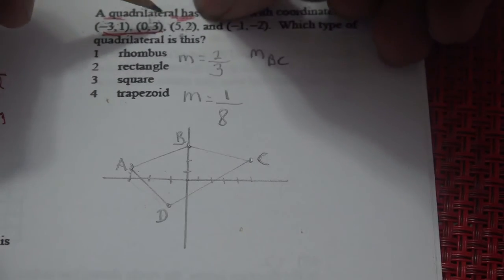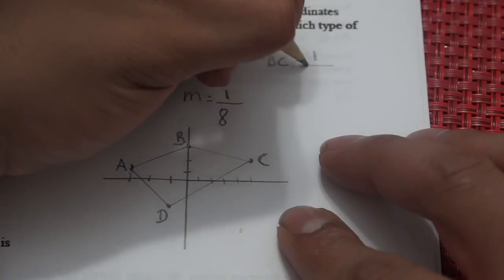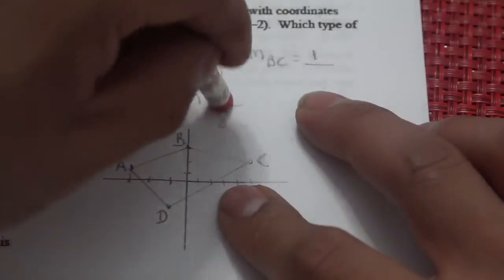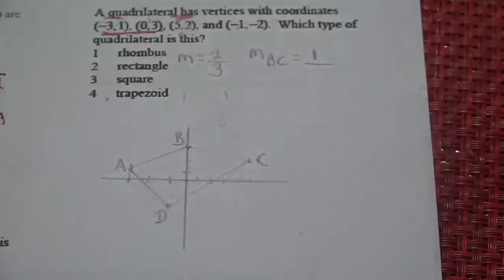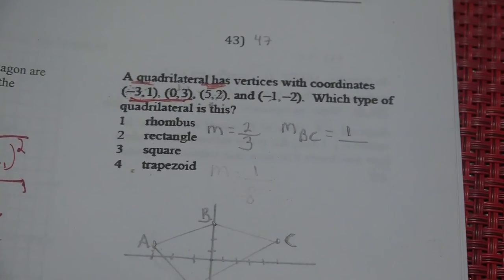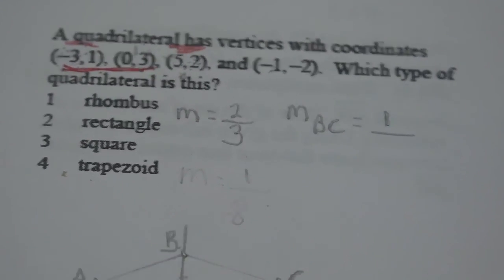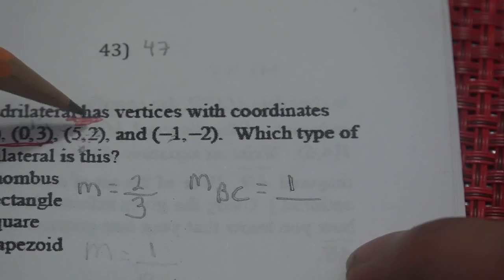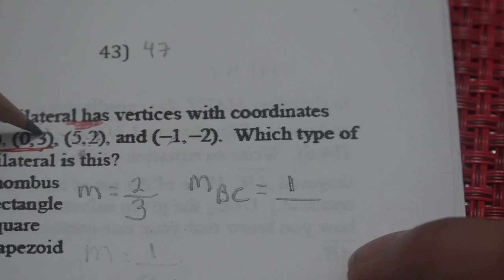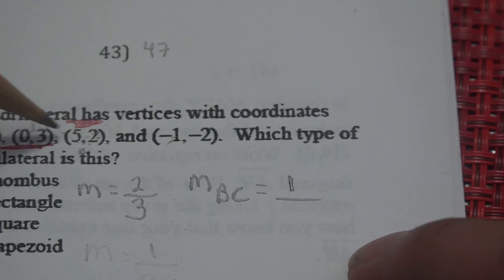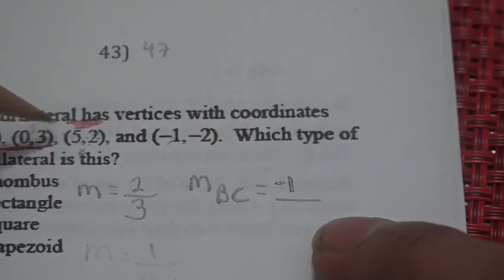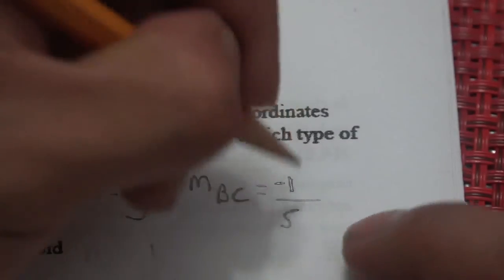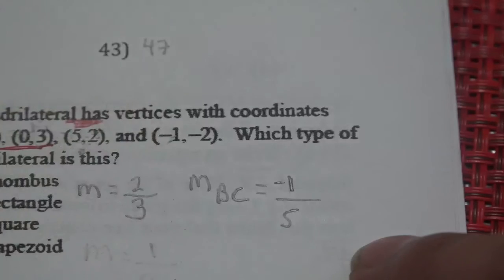Y2 minus Y1 is 2 minus 3, which is negative 1. And 5 minus 0 is 5. So the slope here is negative 1 over 5.